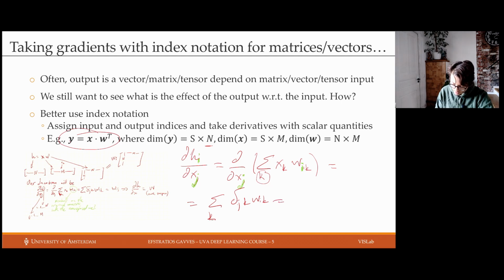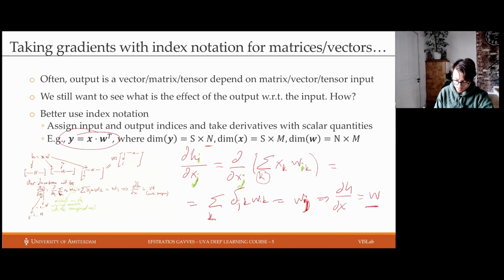So this means basically that we end up only with our Wij element in our matrix. So if we generalize it over all possible combinations in our Jacobian, this is our matrix W.